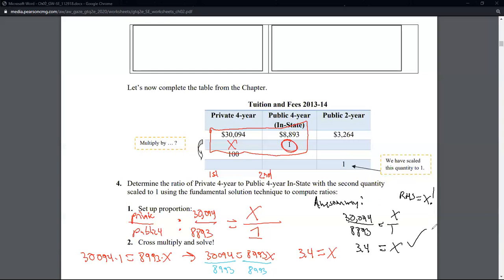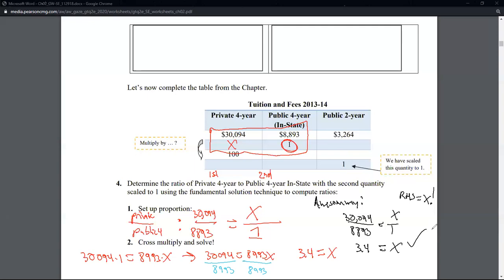If you don't need to draw up the boxes, that's fine. If you do your proportions this way, whereas I always do them that way, that's fine. If you don't ever use this awesome way, if you always cross multiply and solve, that's fine. I'm just trying to give you a systematic approach to do things in multiple ways because sometimes one way is better than another way.